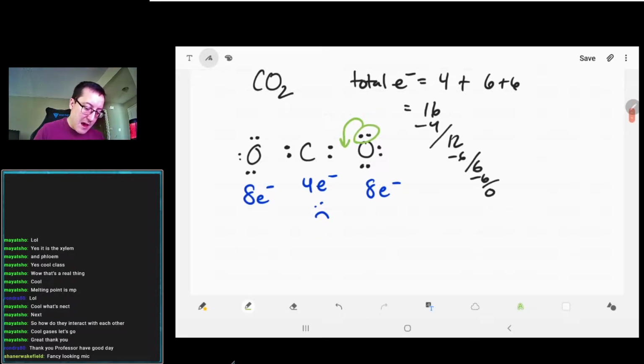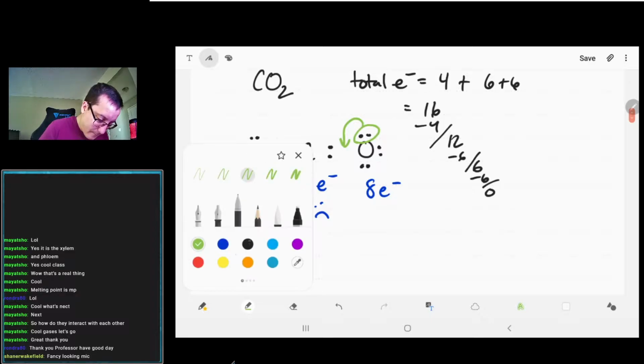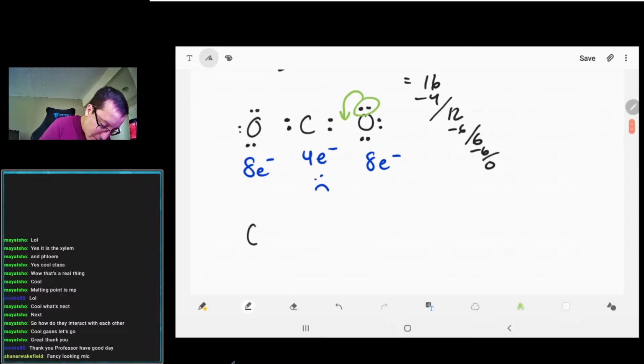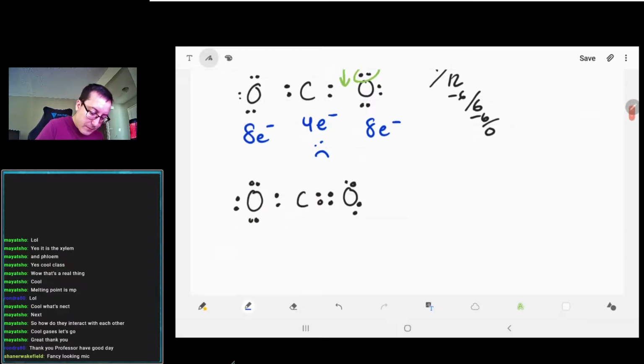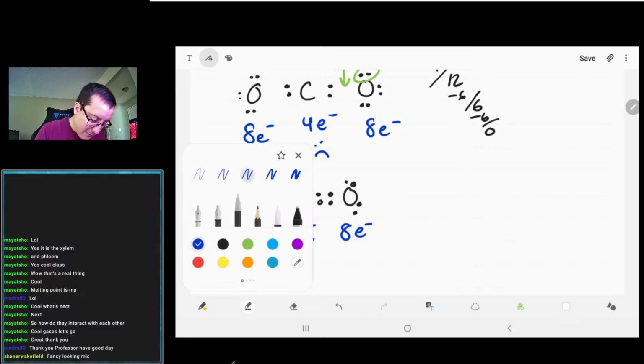If we do that, I'm going to just redraw it because we're going to do this kind of step by step. So now if we look, oxygen has 8 electrons, however, carbon now has 6. So we have one more to do.